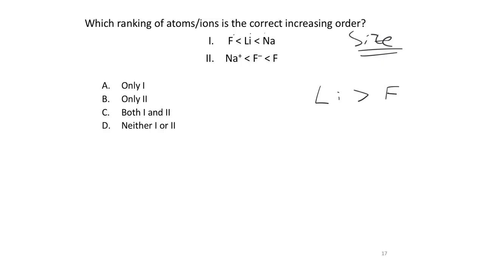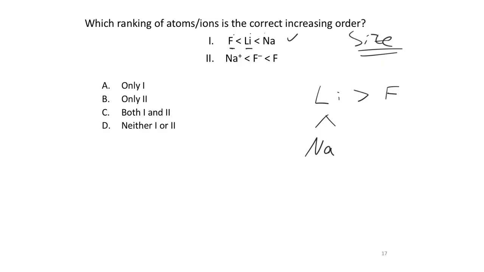And I know size increases top to bottom, so I know sodium's bigger than lithium from our top to bottom trend. So it should make total sense that lithium is smaller than sodium, and then fluorine's even smaller than lithium. So that trend makes perfect sense. That's the exact trend we would expect for those atoms. So trend 1 looks correct to me.